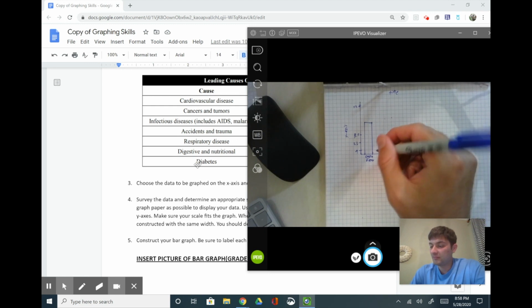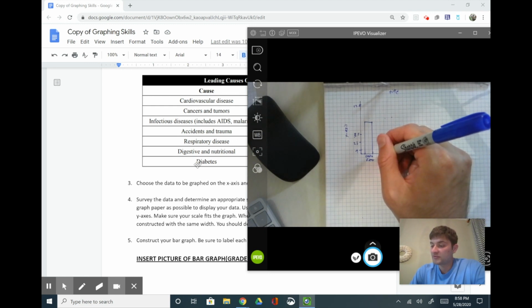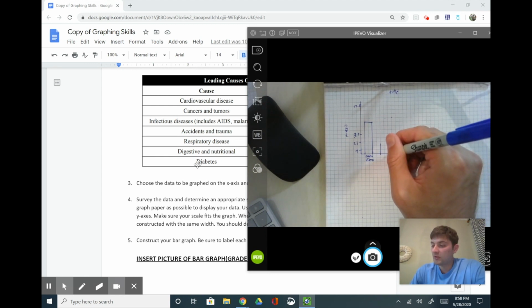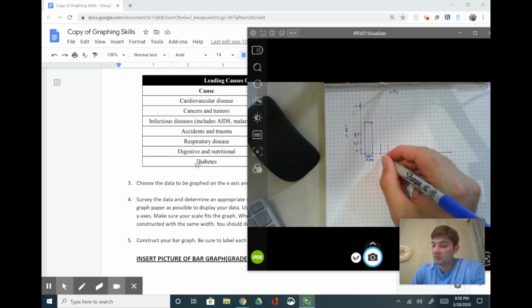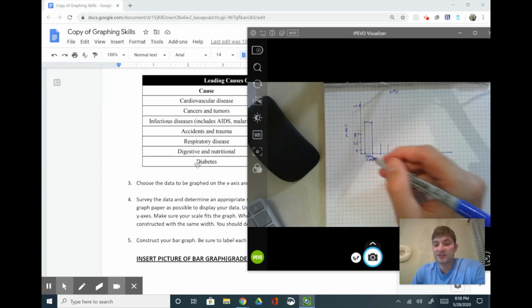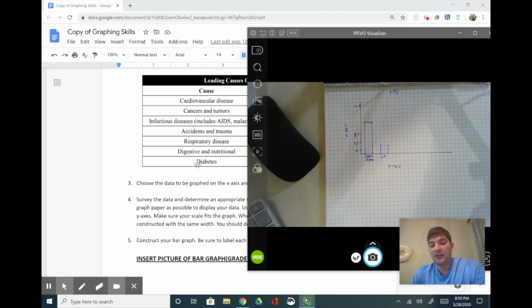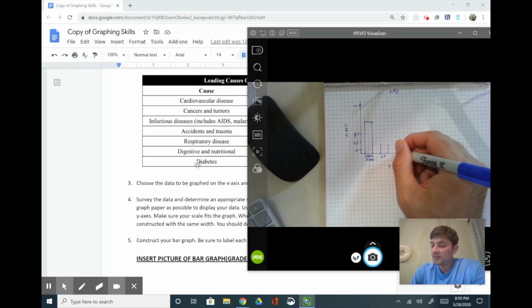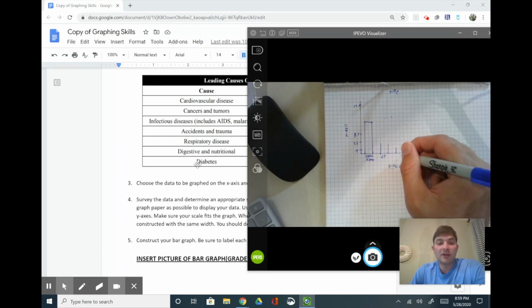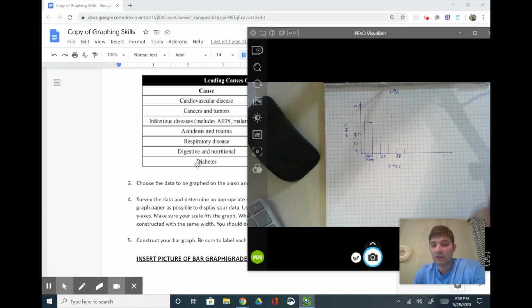I've had more than one student doing the little bar graphs, and this is cardiovascular disease. Let's do cancer and tumors in the second one. They just put CT and abbreviated all of them. So again, right here, I'll make another bar graph. They did infectious diseases, so ID, and I thought, man, that was cool.